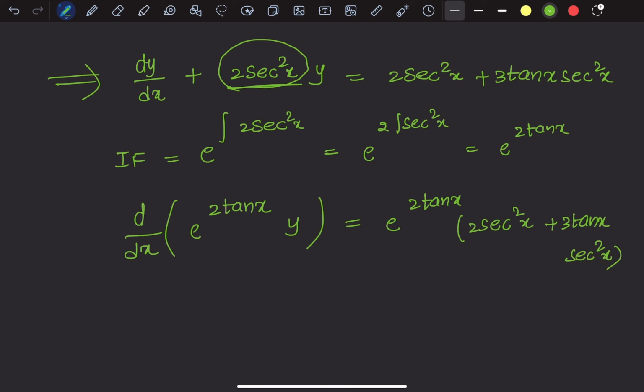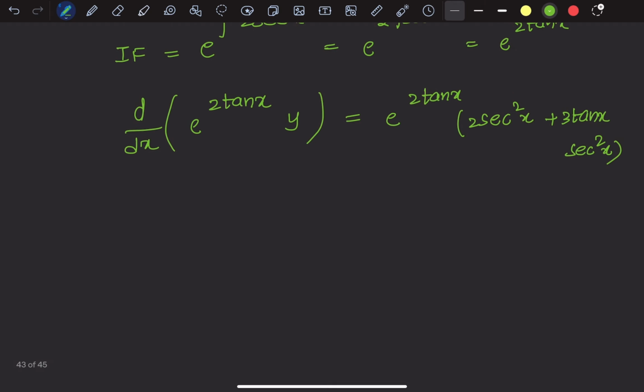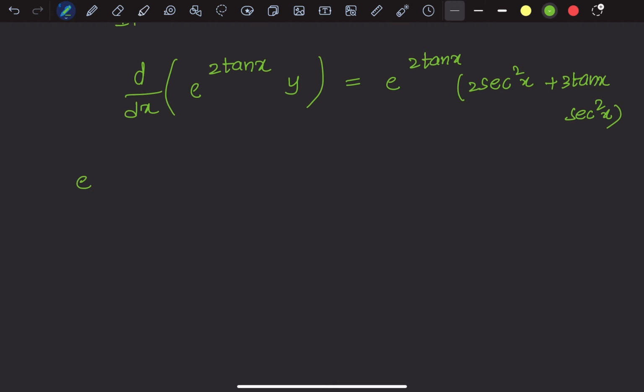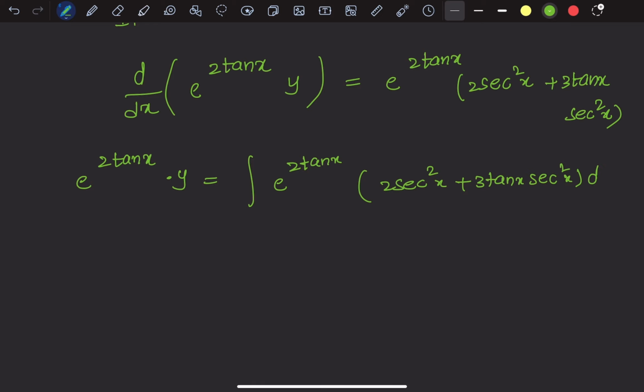Alright. So now take the integral on both sides. So you'll get e to the power 2 tan x multiplied by y is equal to integral e to the power 2 tan x multiplied by 2 secant square x plus 3 tan x secant square x dx.